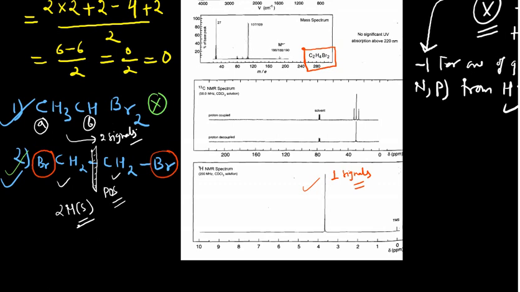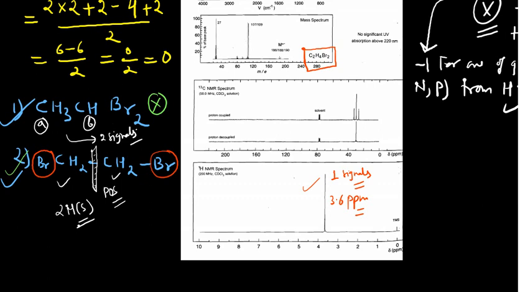You can check here, your chemical shift is around 3.6 ppm, and if it was chlorine, then it would be a little bit higher, and for fluorine it would be a little bit higher, but for iodine it would be on the lower side due to the heavy atom effect. If you don't know the heavy atom effect, don't worry about that. I'll explain it in some other lecture, not today. So on the basis of the proton NMR only, you can say your correct structure is this one.